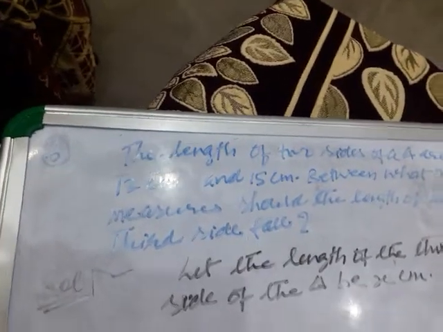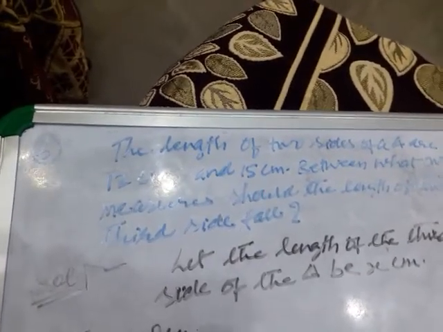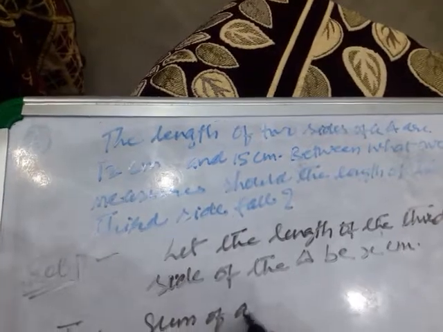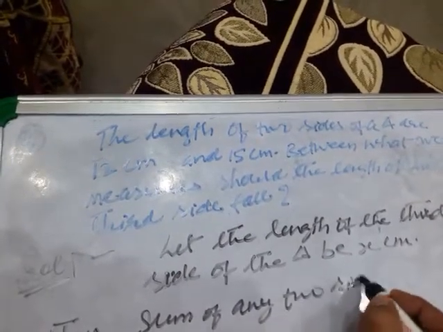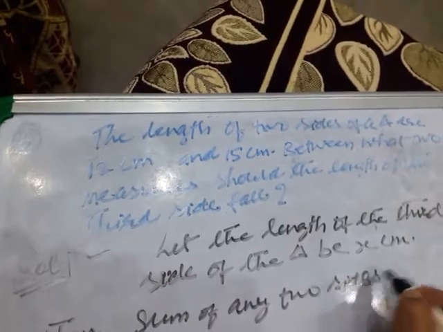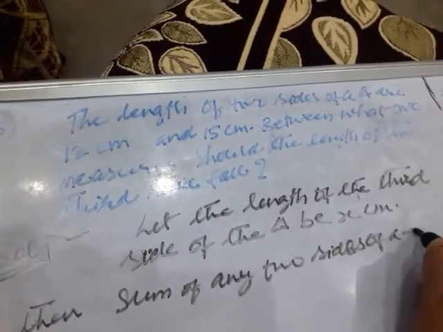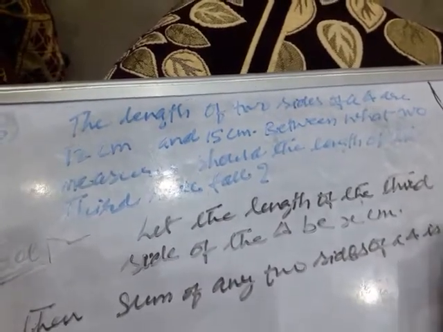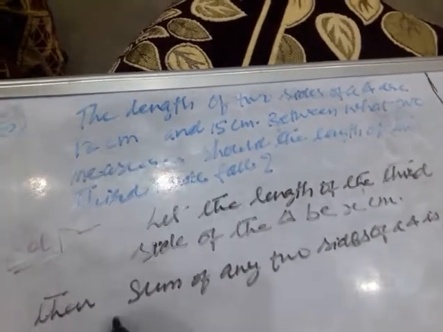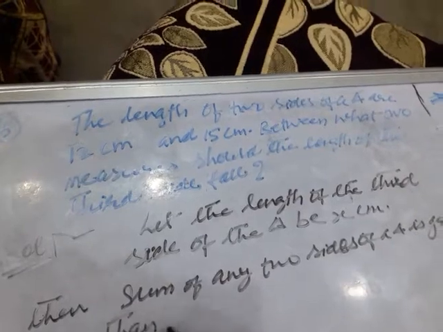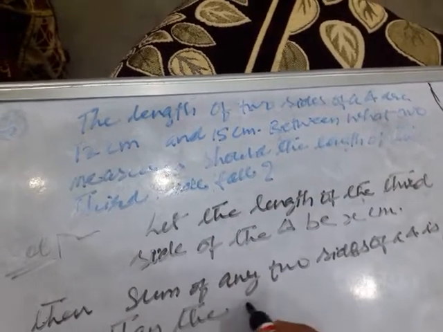Then the sum of any two sides of a triangle is greater than the third side.